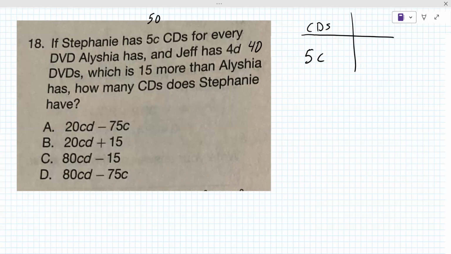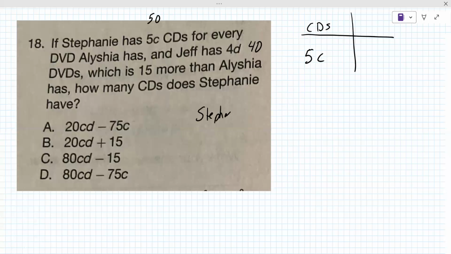But what's hard is that you're like, well, what do I do with the 5C? And I get it. It's like, what do we do? So Jeff has 4D DVDs, which is 15 more than Alicia has. So you're creating what's called a sort of waterfall relationship.